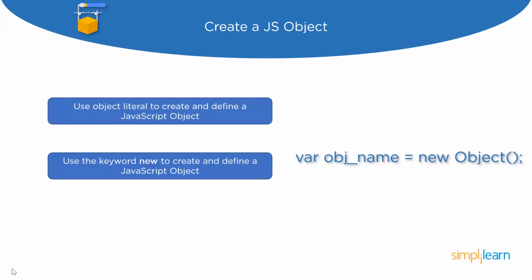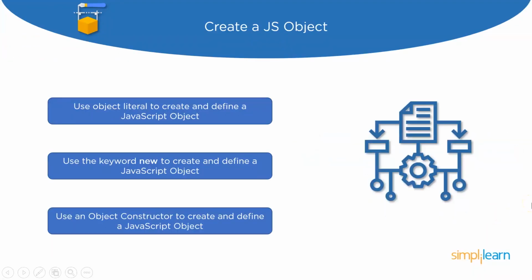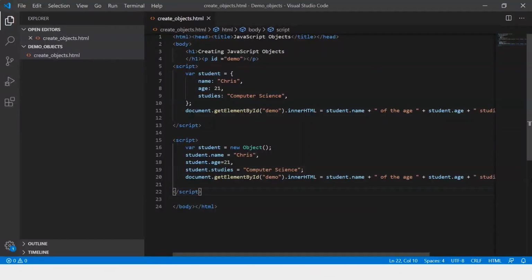Alright, so then moving on to the third method, it is to use an object constructor to create and define a JavaScript object. So let's go back to our code editor, and here we define a function.